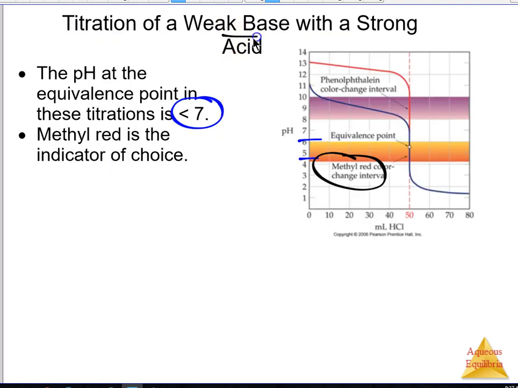This is a weak base and strong acid. This time it'll be less than 7. And you know what? Mentally, these are not that bad because whatever the stronger thing is, you're going to end on that side of neutral. So if it's strong acid, you're going to end more acidic. If it was a strong base, you're going to end more basic.